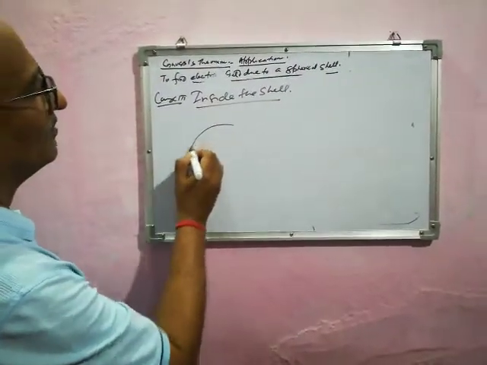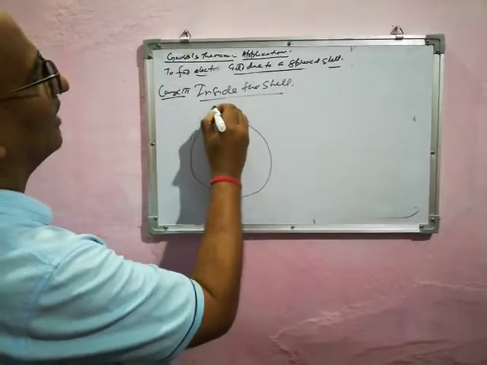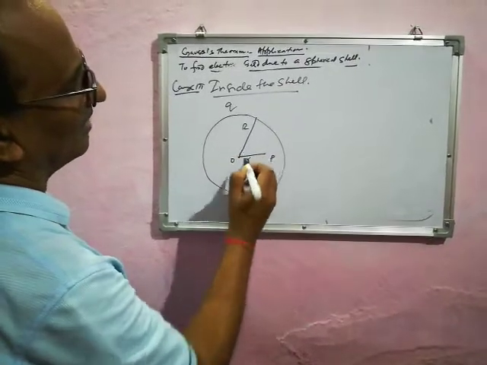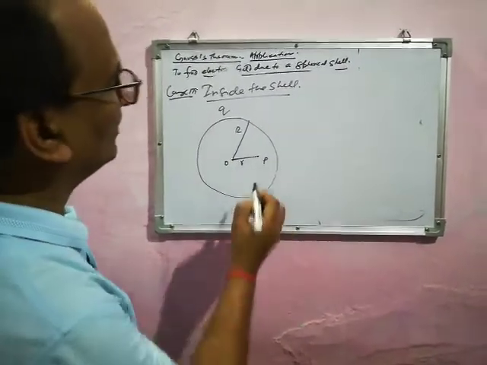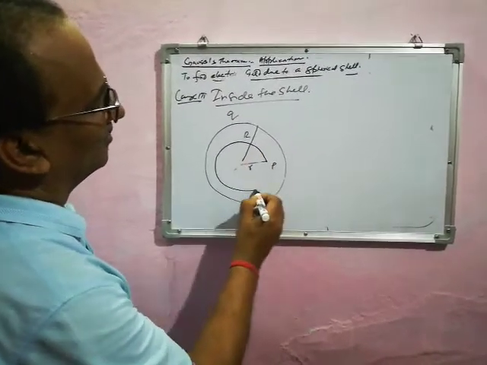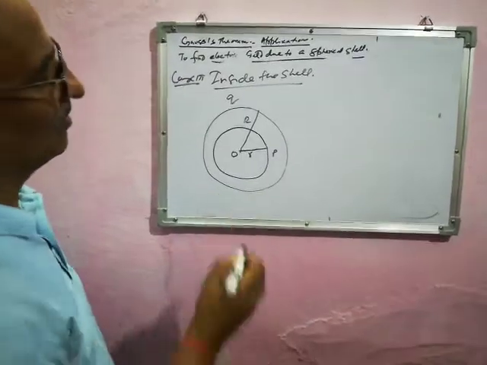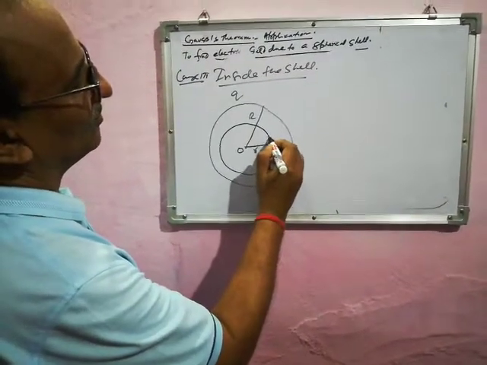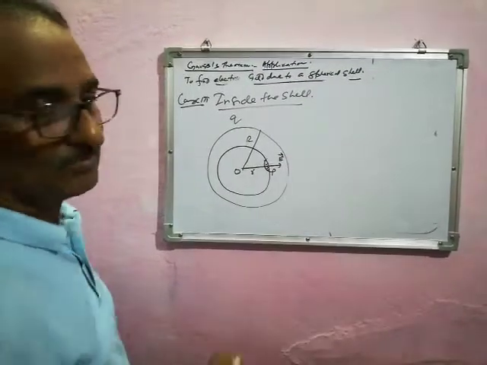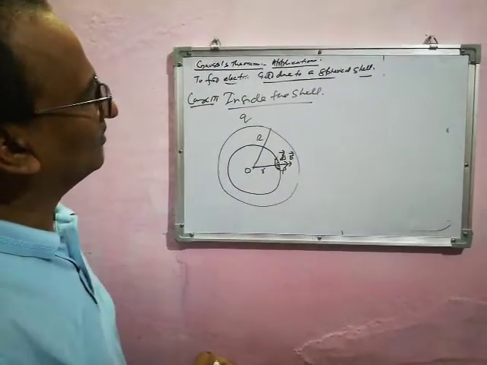This is our spherical shell whose radius is R and having charge Q on the surface, and P is a point inside at a distance r, and here we need to find the value of E. Again take O as center, r as radius, and consider a concentric spherical shell as Gaussian surface. On the basis of symmetry, you can say that the electric field, if there is any, will be along this direction, and the area element is also directed along the same direction.